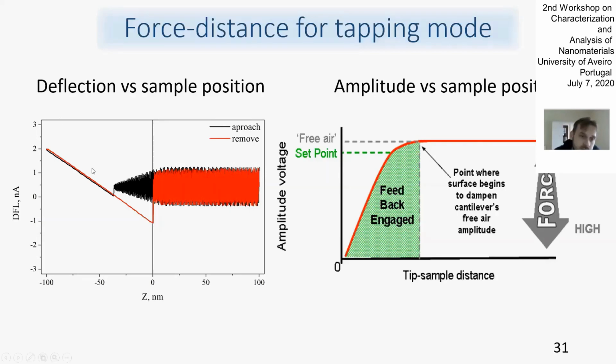And when you decrease the amplitude to zero, you jump into contact and you work further in a contact mode. On the right side, the analogous plot is done for the amplitude value. So you see that you have free amplitude, and after that you get some set point where your amplitude is decreasing, and then you get into full contact, so the amplitude becomes zero.